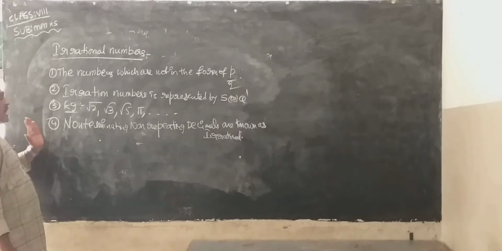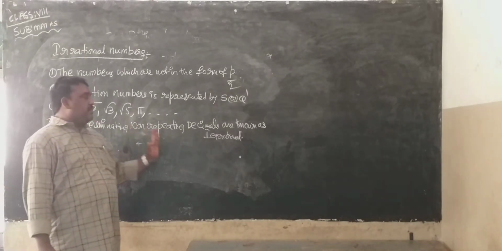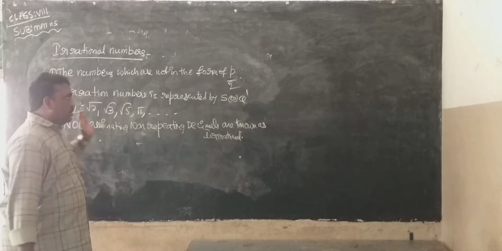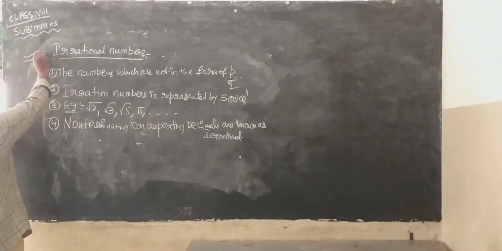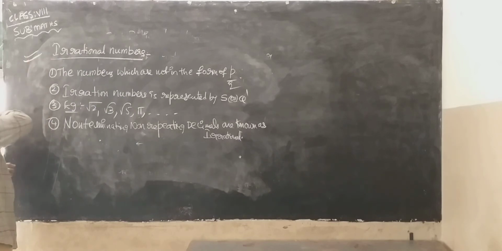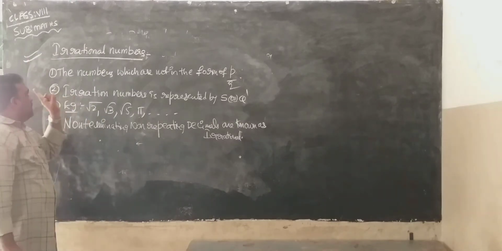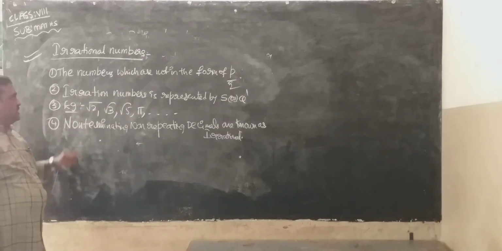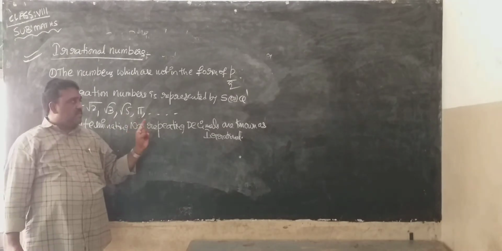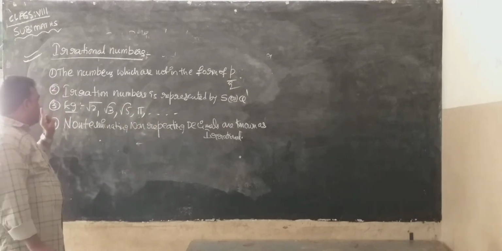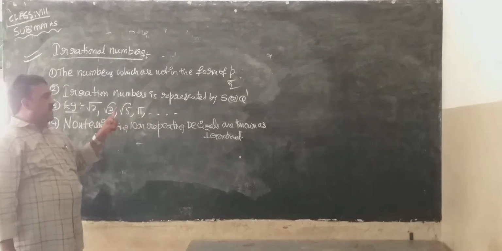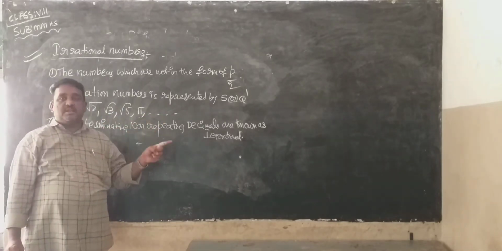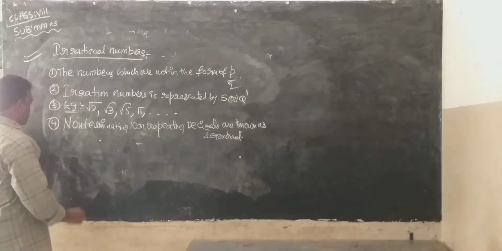Third category, non-terminating, non-repeating decimals, are known as irrational numbers. So that is a small introduction about irrational numbers. The numbers which are not in the form of p by q are known as irrational numbers, represented by S or Q dash. Examples: root 2, root 3, root 5, pi symbol, and so on.